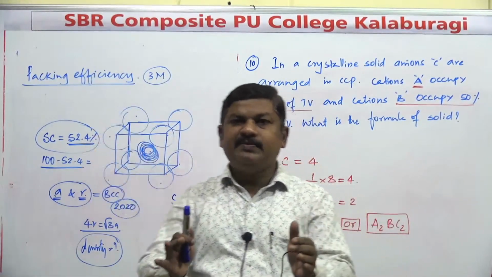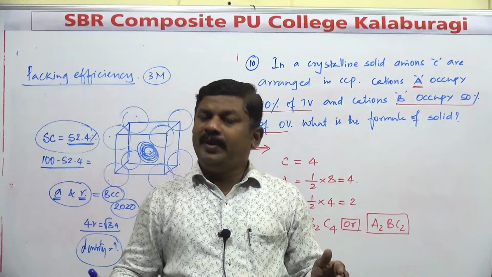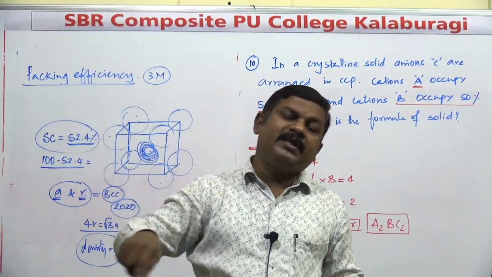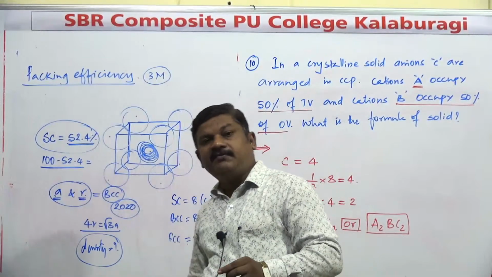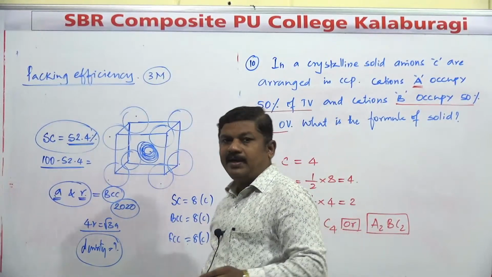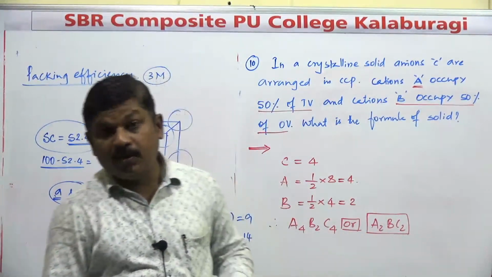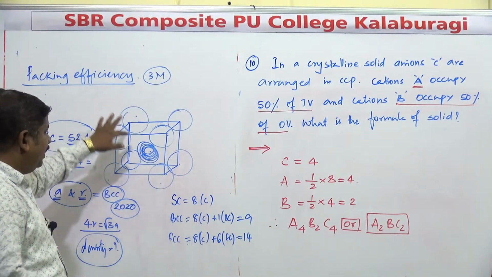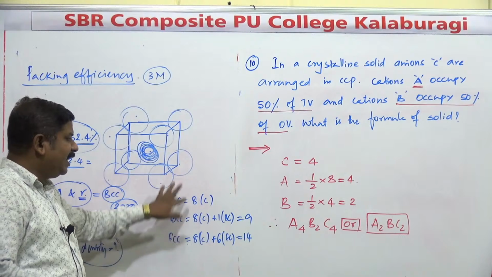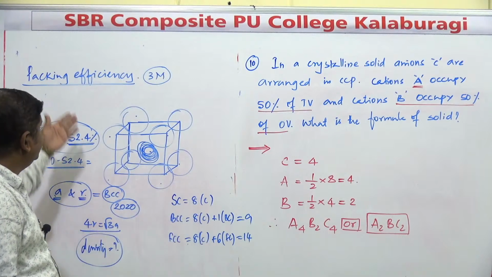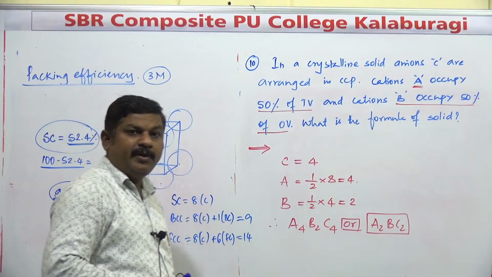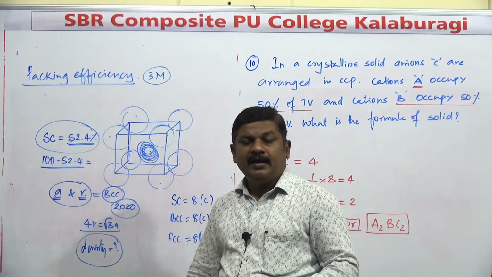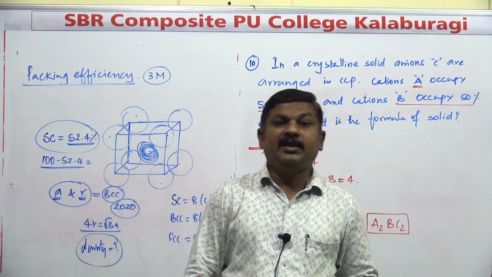When you add the spheres in a cubic close structure or any structure, these spheres do not occupy 100% of the volume of the unit cell. Because of that, different unit cells have different values of packing efficiency. First, we discuss the packing efficiency, and afterwards some numericals to calculate the density or edge length of the solid.